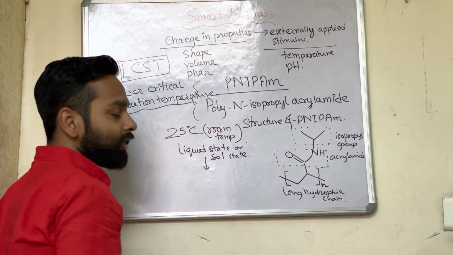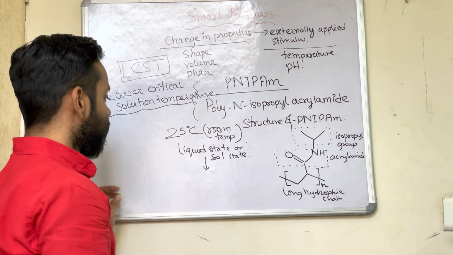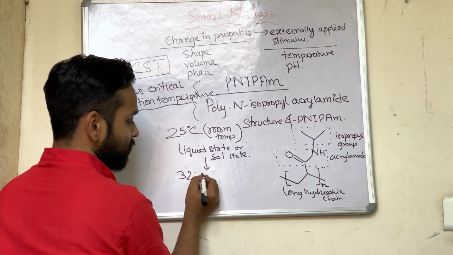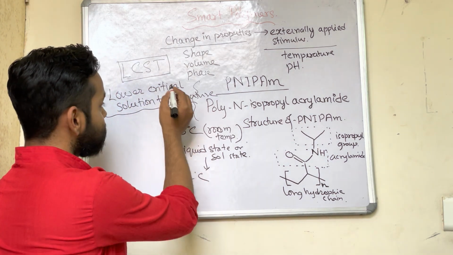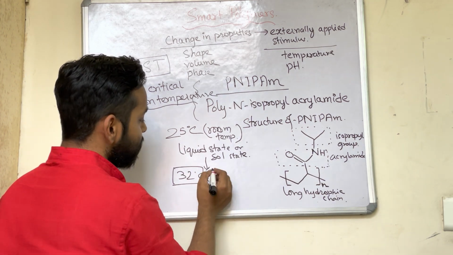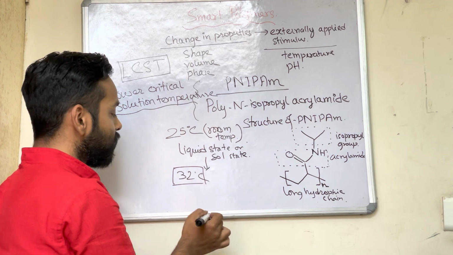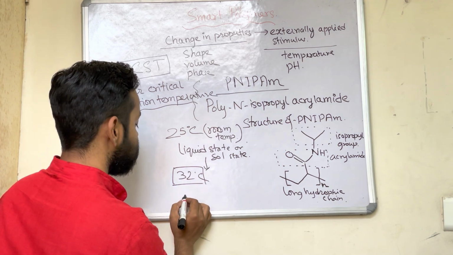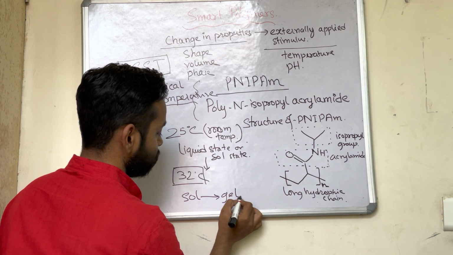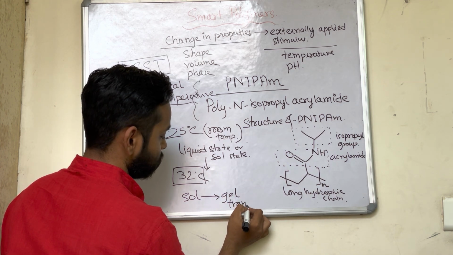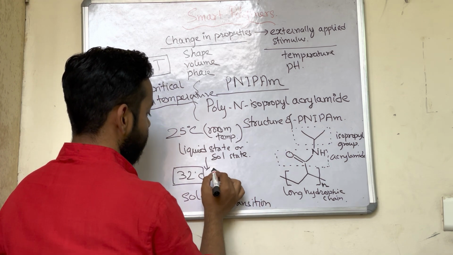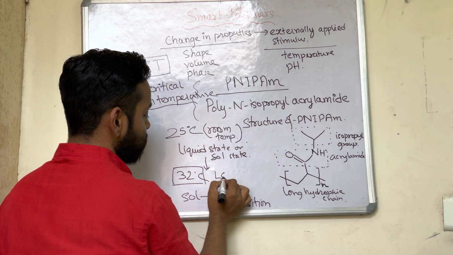Now, when the temperature is increased to 32 degrees Celsius, which is its lower critical solution temperature or LCST, this PNIPAm undergoes a sol to gel transition.